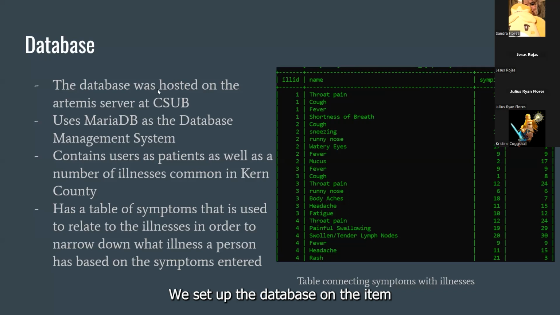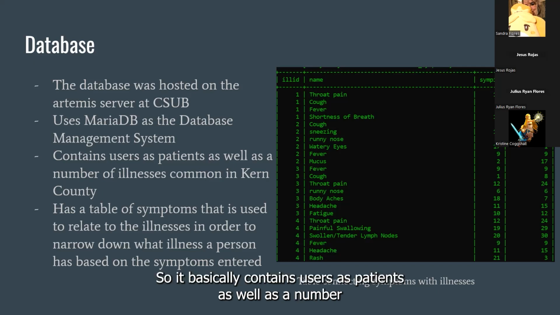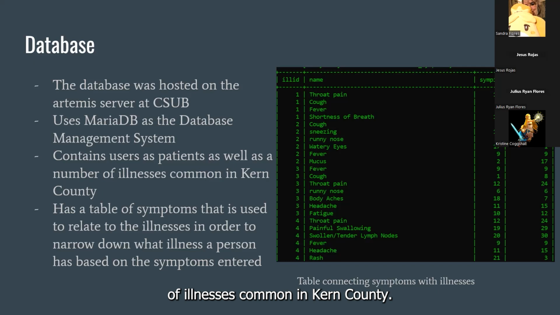We set up the database on the Artemis server at CSUB, and we use MariaDB as the database management system. We essentially created the foundation of the database that the website uses to get its data. So it basically contains users as patients, as well as a number of illnesses common in Kern County.